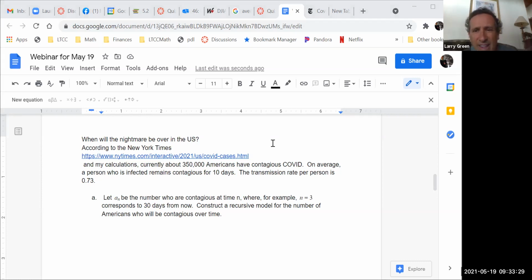In this case, I think it's easier to start with 0, to call today A_0 rather than A_1. So N equals 3 is 30 days from now, and N equals 0 is today. So we're starting at N equals 0. Let's see if you come up with a recursive model.